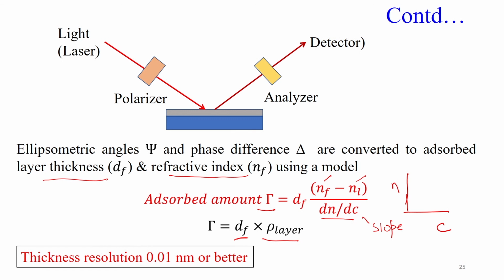So we can measure the thickness as well as the refractive index, and that can be converted to understand the behavior of the adsorbed protein, or the amount of adsorbed protein. Also, as we know the particular size of a particular protein, depending on thickness we can comment whether this is a monolayer or multilayer adsorption.